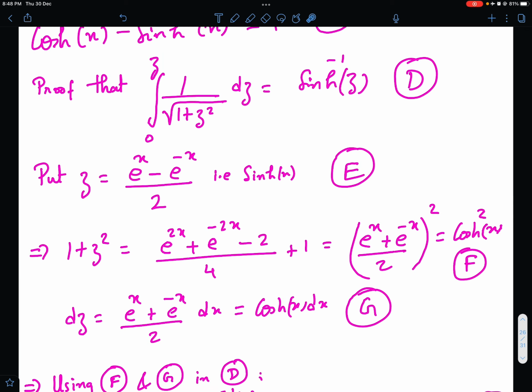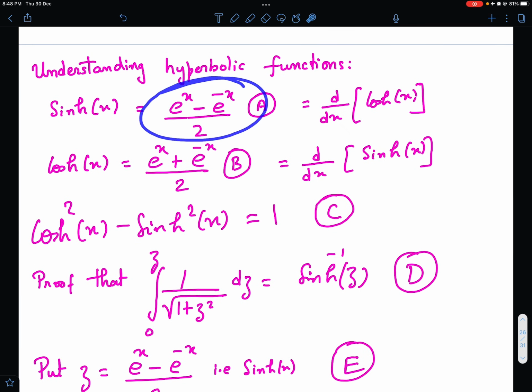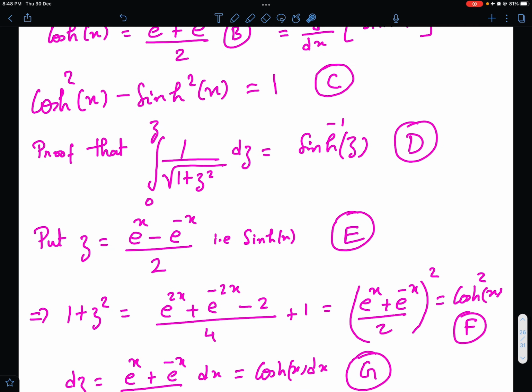So now for solving this, we put z is equal to e to the power x minus e to the power minus x divided by 2. That substitution I am using, which is also sine hyperbolic of x. See, that's how I had defined sine hyperbolic x. So I put z is equal to sine x, or e to the power x minus e to the power minus x divided by 2. So then what is 1 plus z square?